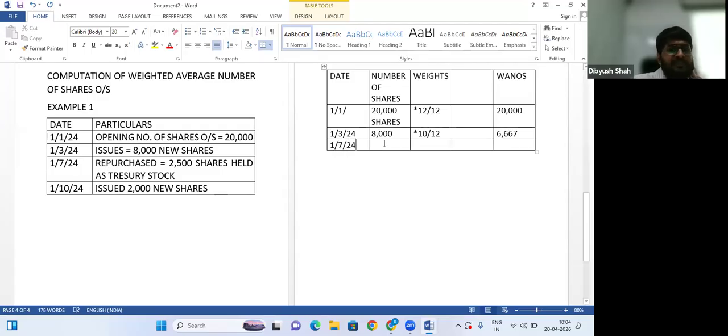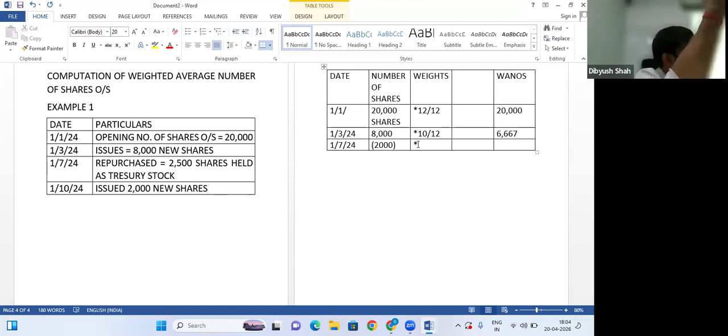On 1st of July, company repurchased. Always remember repurchased. We always try to put it in bracket to show that it should be subtracted from the calculation. On 1st of July means they were not outstanding. For others, we are talking about how many months were they outstanding.